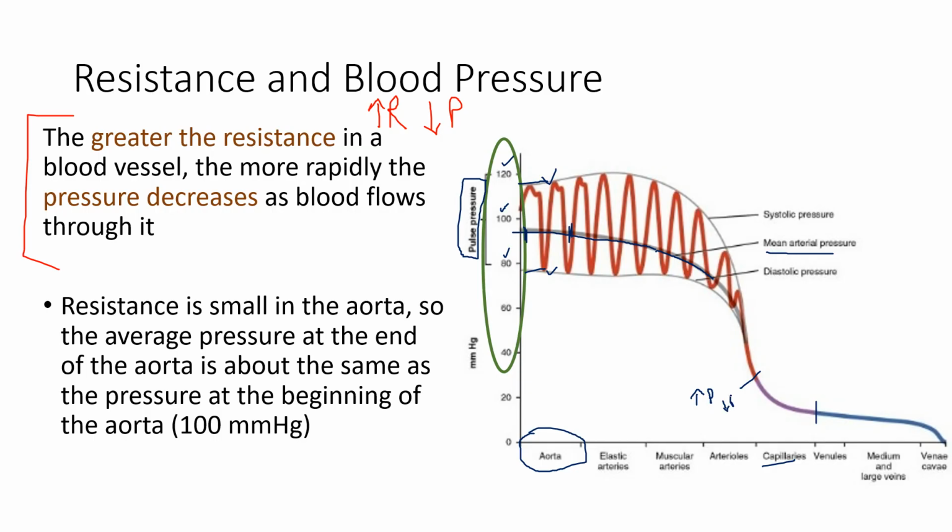But when you get to the venule side, that's going to be under low pressure in comparison and have a high resistance. That's just looking at the capillary. Lots of changes within that capillary as blood moves through.